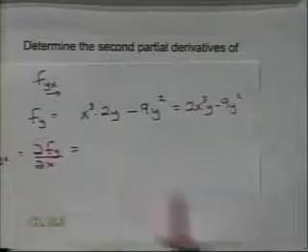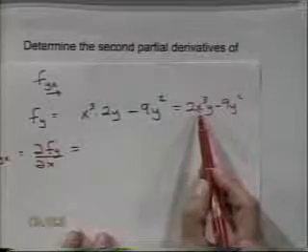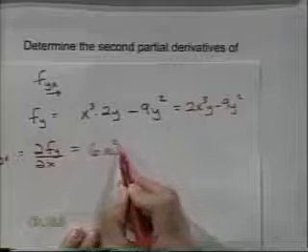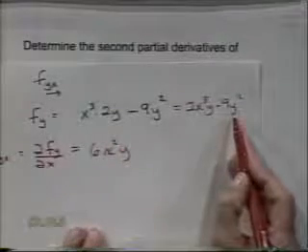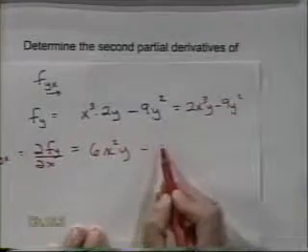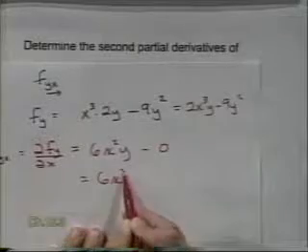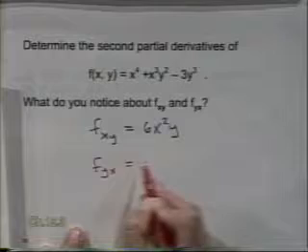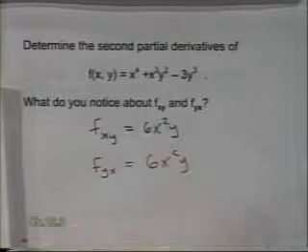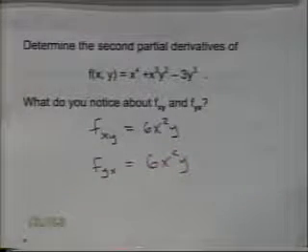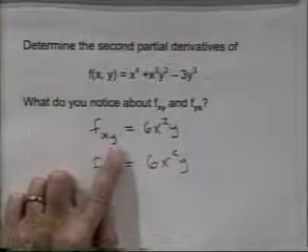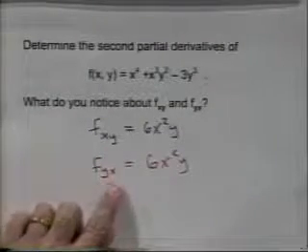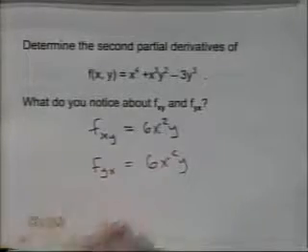Since we're differentiating with respect to x, you bring down your 3 and you get 6x squared times the constant y, and the derivative of 9y squared is 0. So f_yx, we got 6x squared y. You might notice the partial with respect to x and then with respect to y is exactly the same as the partial with respect to y and then with respect to x.